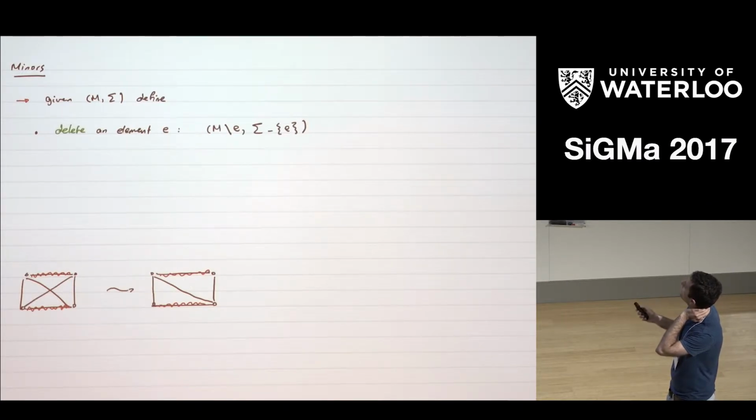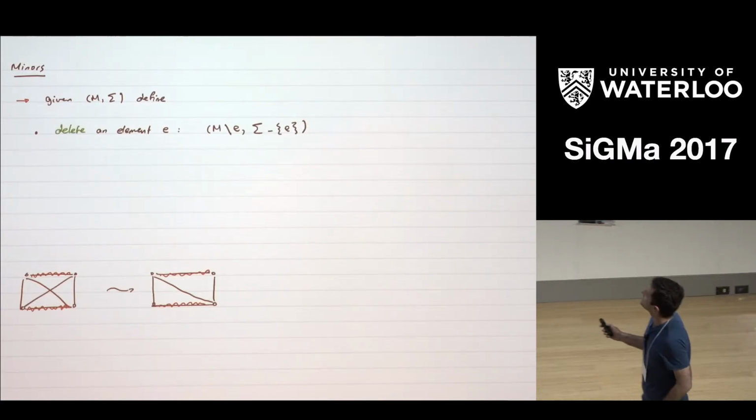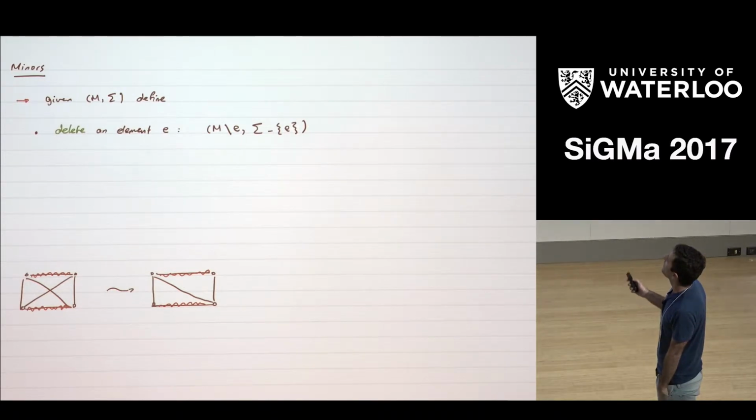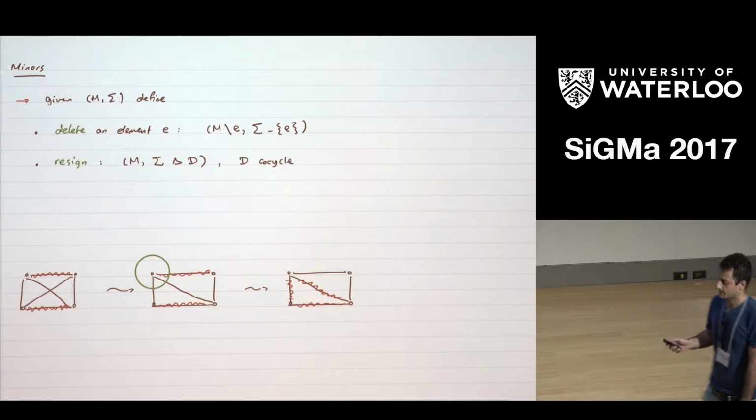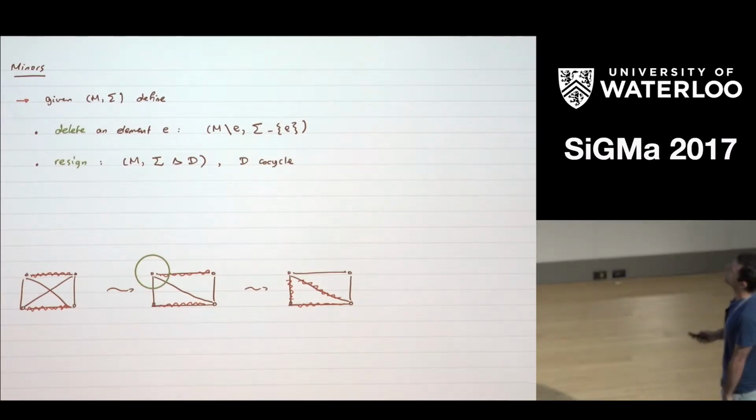Another operation is resigning. You can take any cocycle, or cut in this case, and resign along that cocycle. So here, I took this cocycle, and I replaced this odd element by these two odd elements. So that's called resigning. And then the third operation is contraction, but you cannot contract every element.